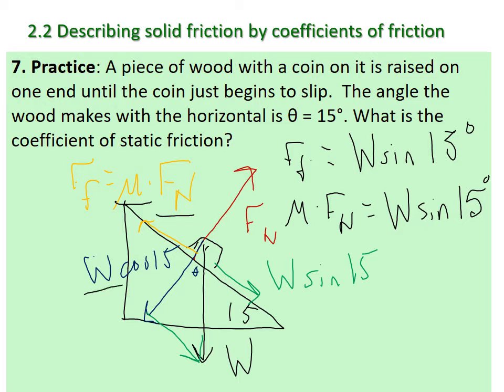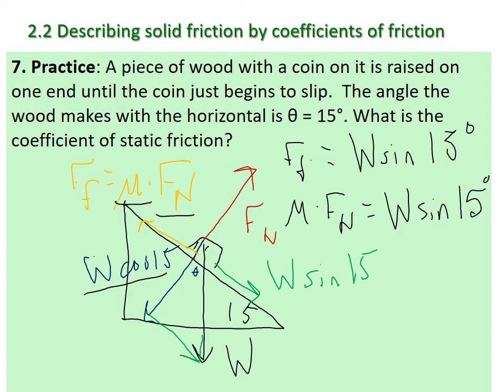I told you before that what gives rise to the normal force, usually on a flat surface, is just the force of gravity. But in this case, because we're on an angled surface, on an incline, the component of gravity that gives rise to the normal force is W cosine 15.